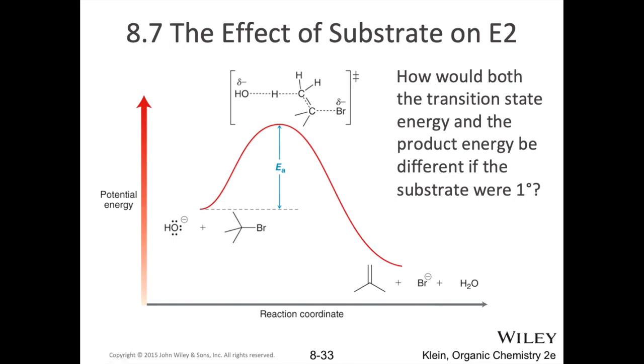In the case of using a tertiary substrate for an E2 mechanism, it turns out that your product from a tertiary substrate is considered both the kinetic and the thermodynamic product. Your activation energy is lowered, as well as the potential energy of your product. Your product's more stable when you have a tertiary substrate.